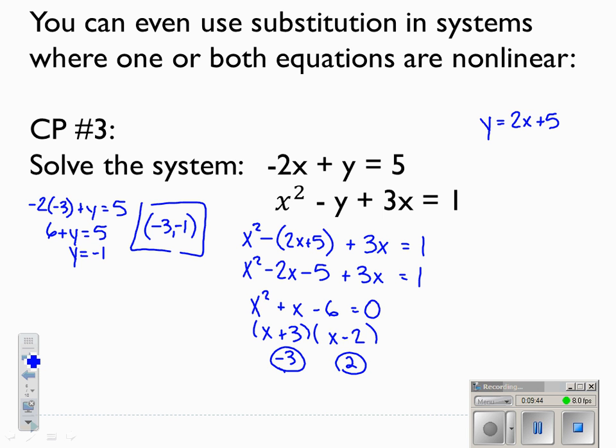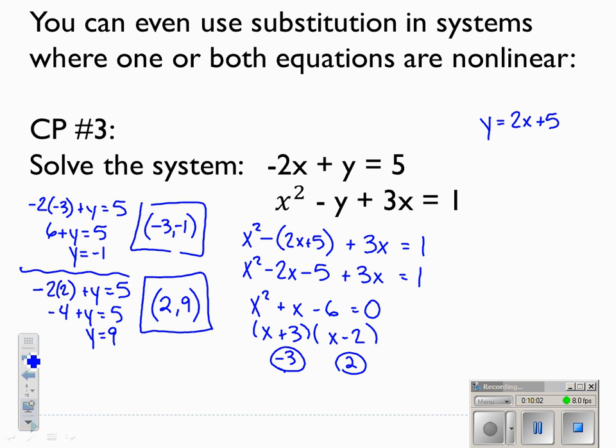Now put the other x value in and do the same thing. So my other solution, when I put 2 in, I got 9 out. So there's my other one.